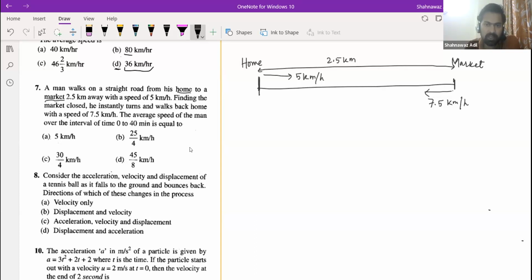The question asks for the average speed of the man over the interval of time 0 to 40 minutes. So we have to find the average speed, and average speed, we already know, is total distance divided by total time.